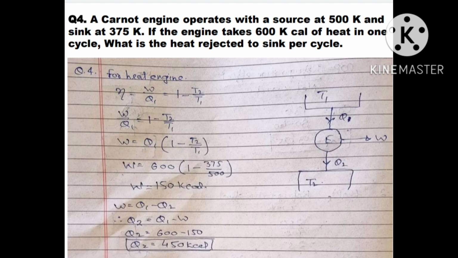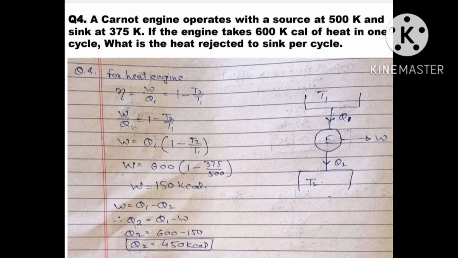Now as we know, in heat engine, heat is supplied to the engine, which is Q1, and the heat rejected is represented as Q2, which is rejected to the sink. Work is done by the system, so W equal to Q1 minus Q2. Now we know the efficiency of engine is W by Q1, net work upon heat supplied, and which is equal to 1 minus T2 by T1.